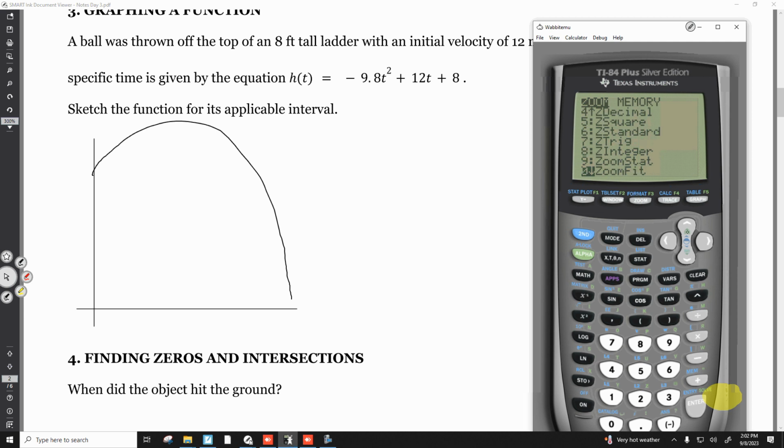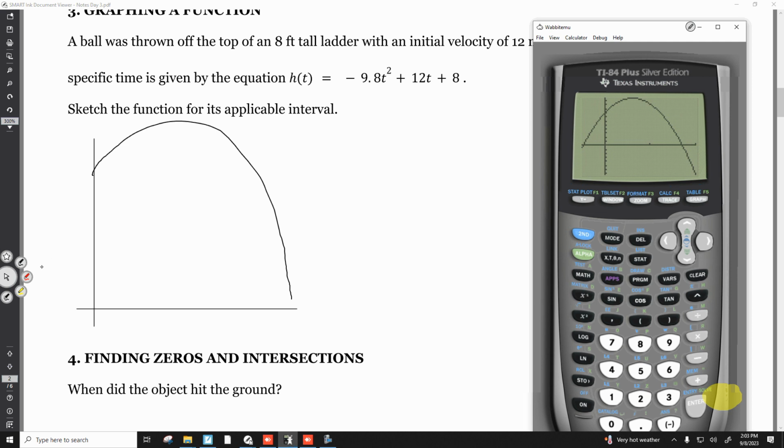When you go to Zoom Fit, your calculator will automatically adjust your y's based on your x interval you selected. This allows you to see that maximum, and all of the graph based on the x's that you selected. This looks great. Zoom Fit is a beautiful thing to use in your calculator.